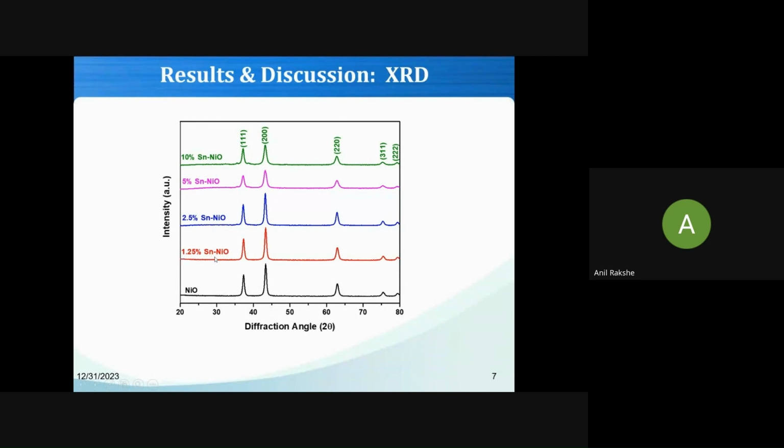Then the doping was done with tin in nickel oxide at 1.25%, 2.5%, 5%, and 10%, and their XRD results are like this. These XRD results show that there is no impurity. The peaks are obtained at 111, 200, 220, 311, and 222 HKL values.